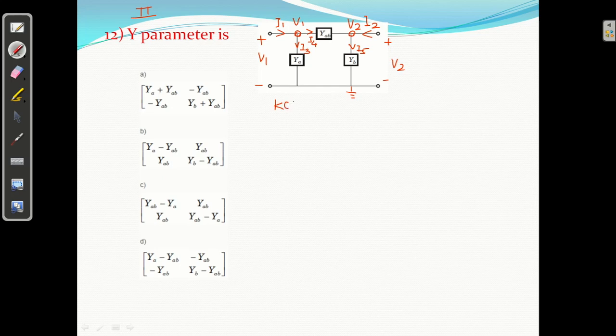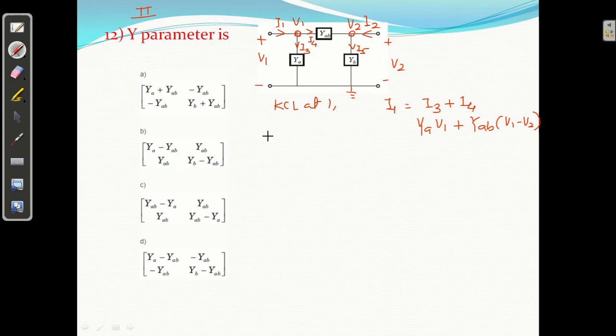KCL at node 1: incoming current equals outgoing current. Incoming current is I1 equal to I3 plus I4. I3 is V1 into 1 upon R, and 1 upon R is Y, so YA into V1. Plus I4, which is V1 minus V2, the potential difference, into YAB.